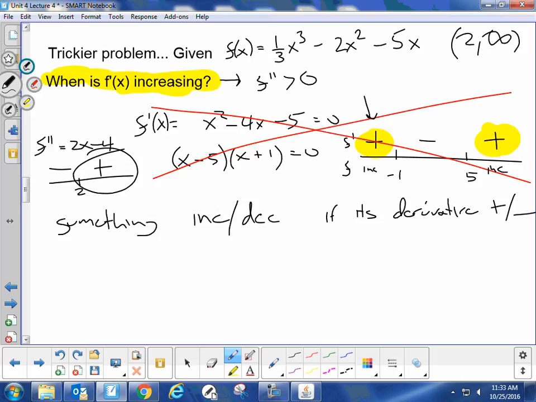Okay? This is a good lead up to straight line motion in dealing with velocities and accelerations, when they are increasing or decreasing. So I have a question.